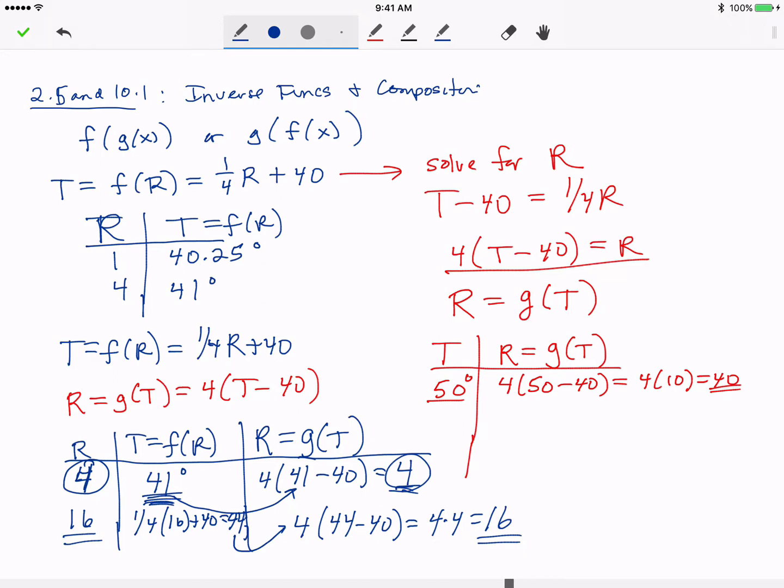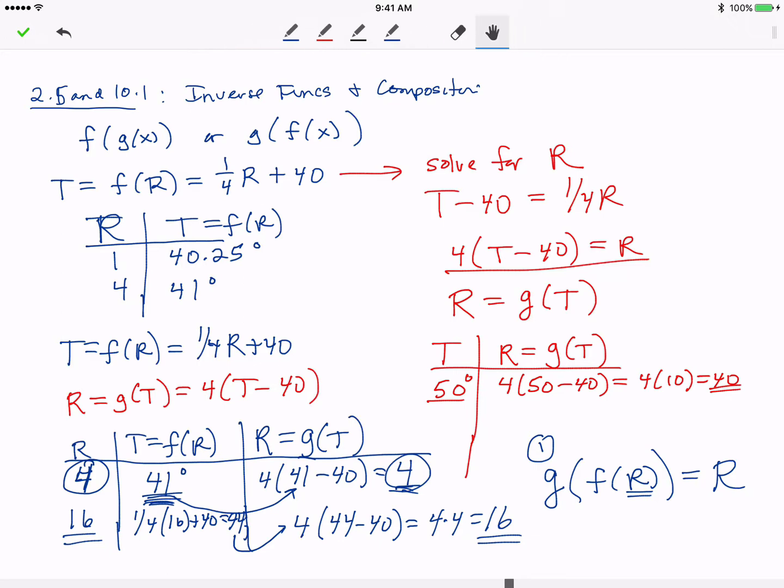So this idea of taking g and feeding into it the function f of r, whatever r you start with, like 4 or 16, you will get, after composition of functions, the value r back again. So that's step one, to show that two functions, f and g, are inverse functions of each other. You must show that the composition g composed with f of r is equal to r.